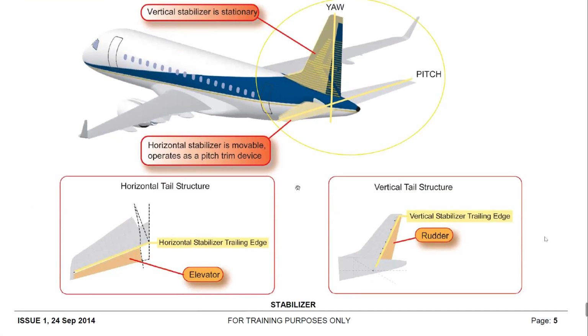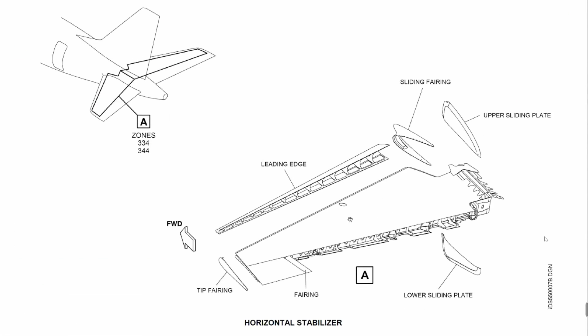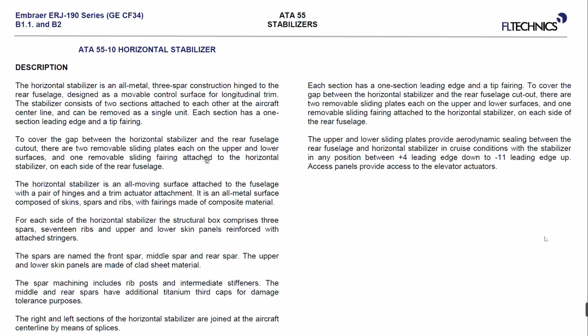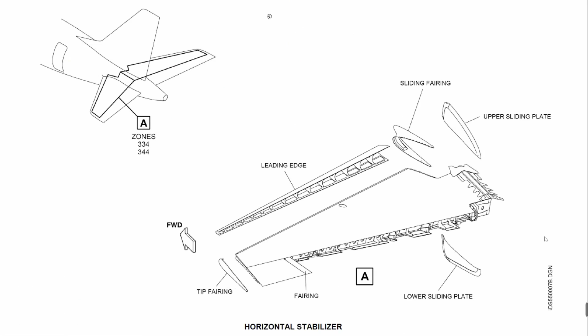Okay. Now, a few words about the horizontal stabilizer. So the horizontal stabilizer surface has, once again, all metal structure, and both halves, the left and the right side, they're coming here in the center line, and they're coming together because of this.